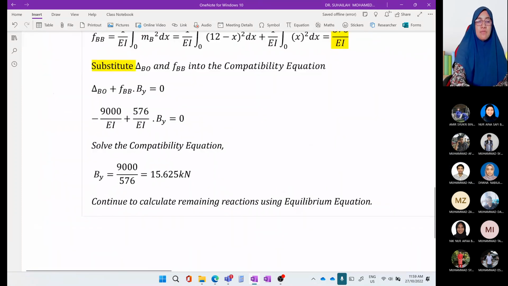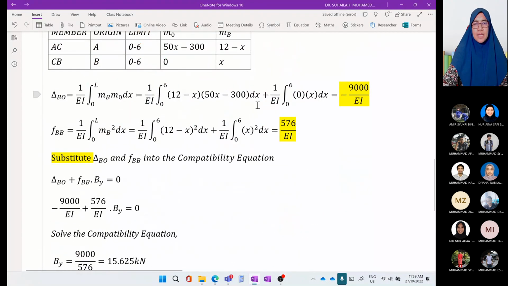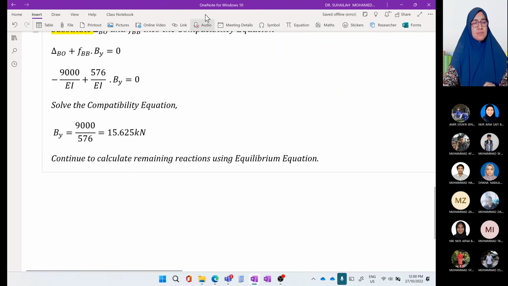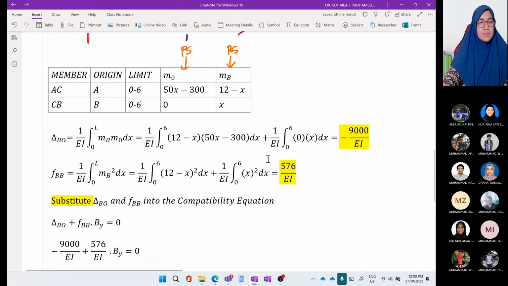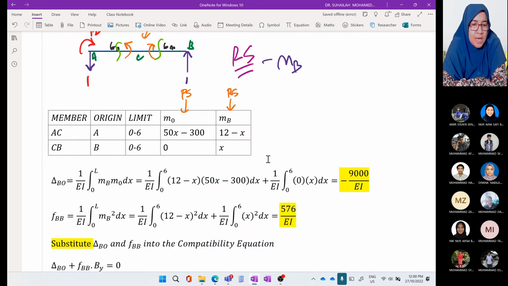So this is actually the flexibility method, and this is how we analyze a beam to calculate the redundant. After the redundant is determined, we continue to calculate the remaining reactions using the equilibrium equation.